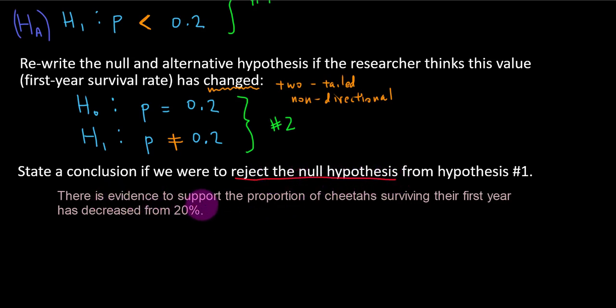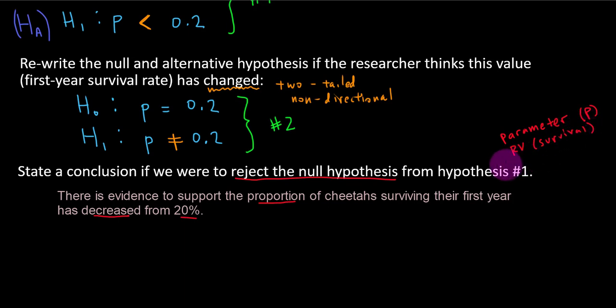That indicates that the sample data provided evidence to suggest or support that the proportion has decreased from that stated value. When I write these conclusions, I like to mention the parameter. In this case, the parameter was the proportion P. I like to mention the random variable, which was the survival rate.